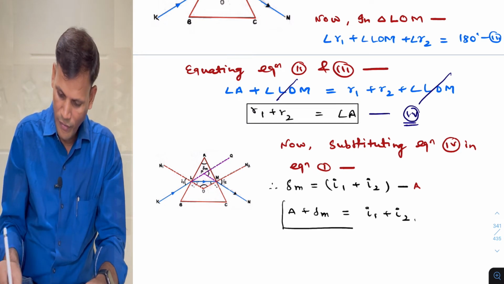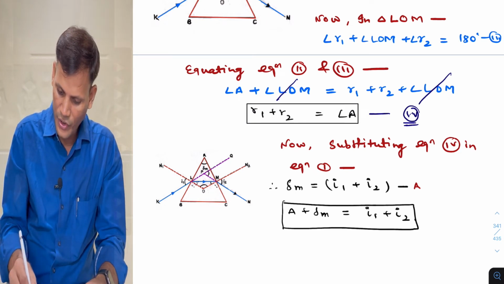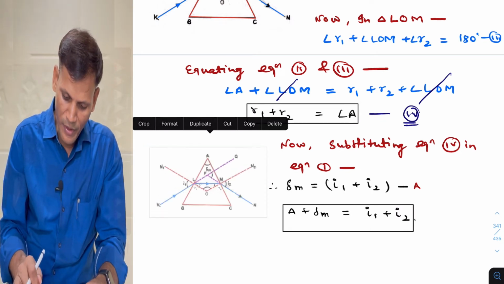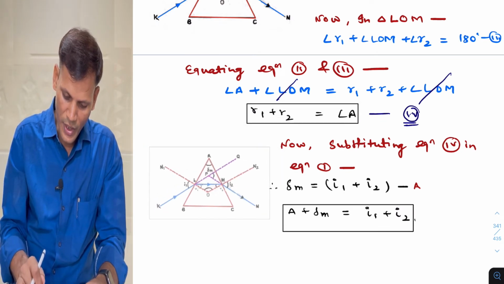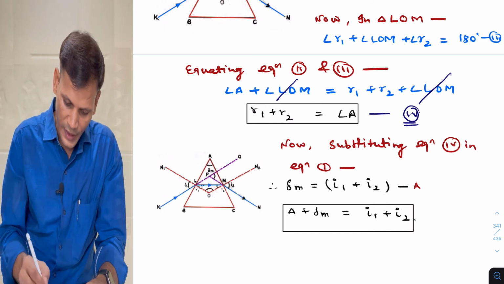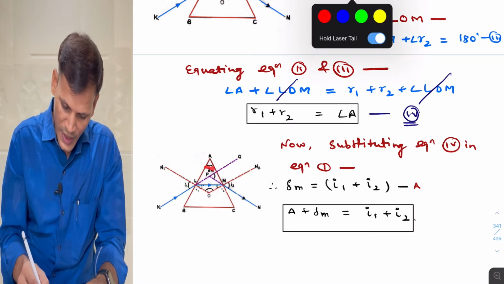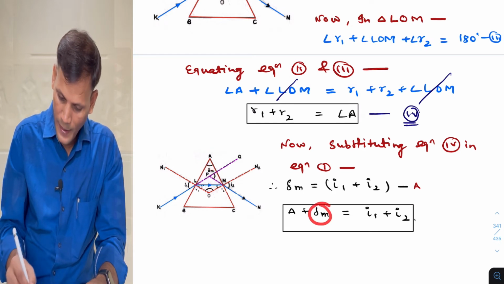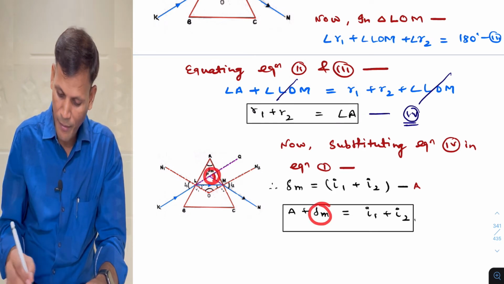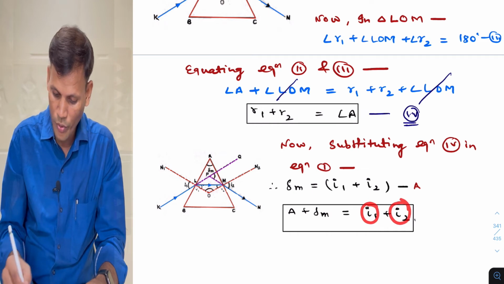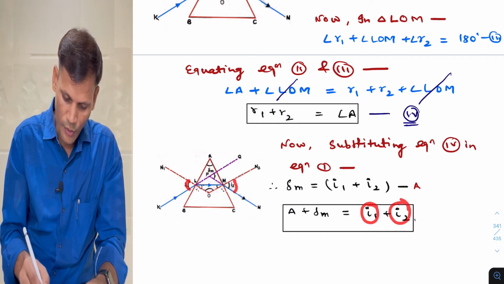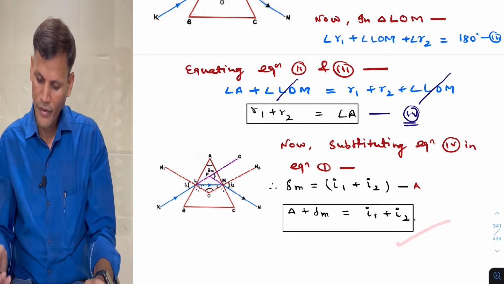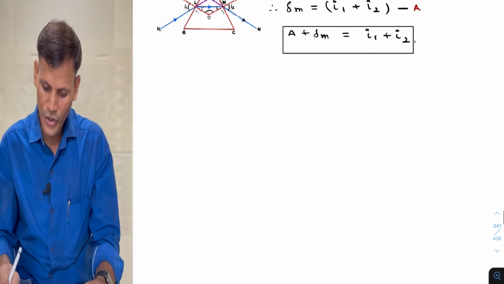This is a very important relation. What we observe from the diagram is that the sum of angle A plus delta M, the angle of minimum deviation, is equal to I1 plus I2.